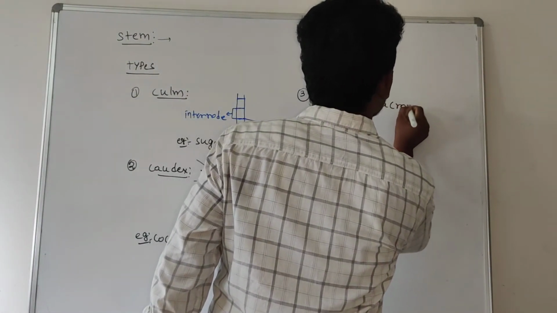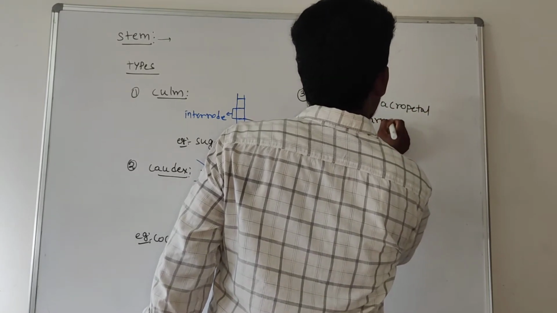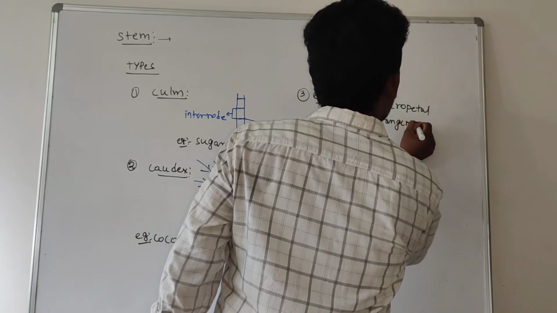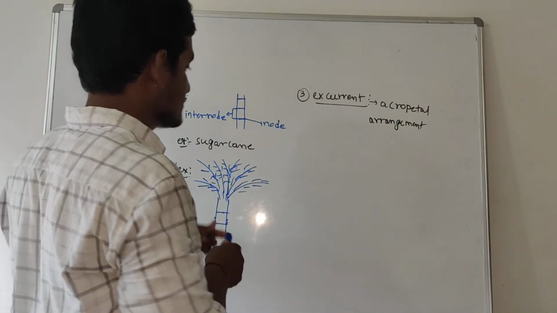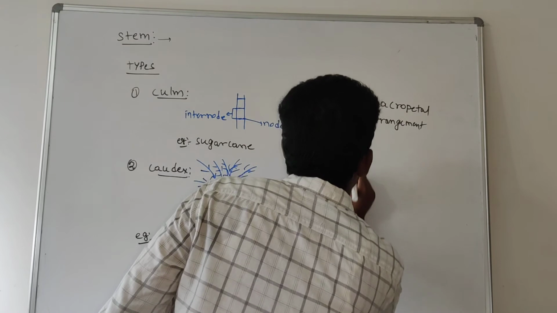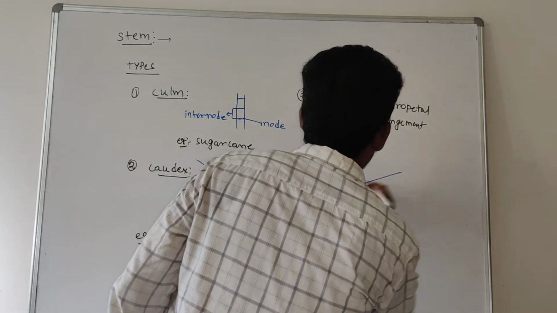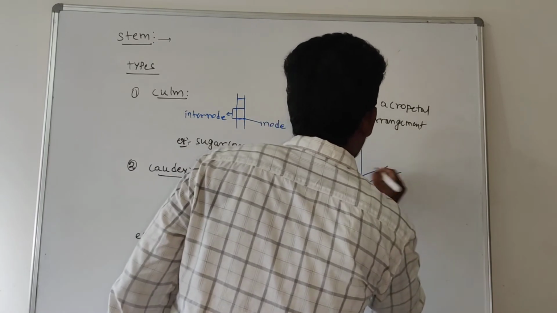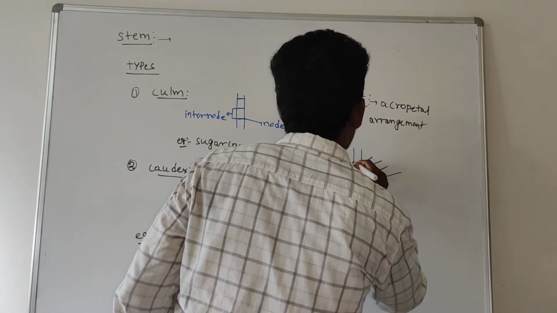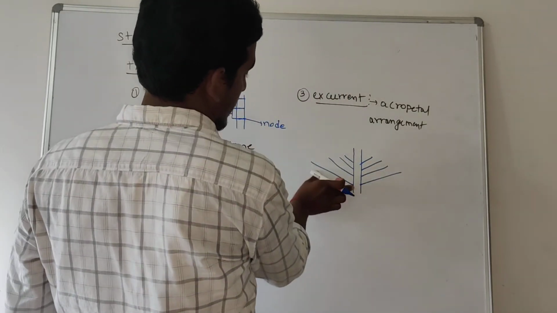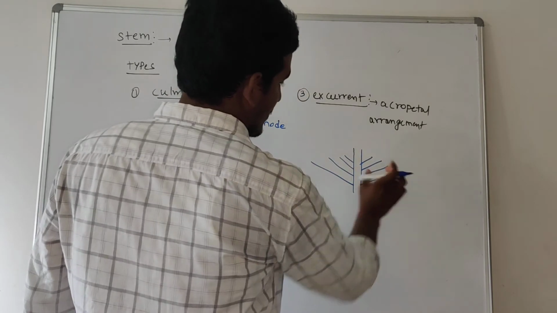It means that in the stem, the lower branches are the older branches, so those are long in size.